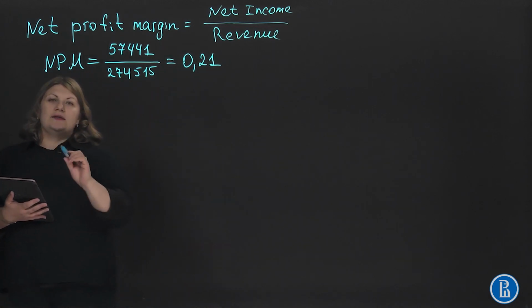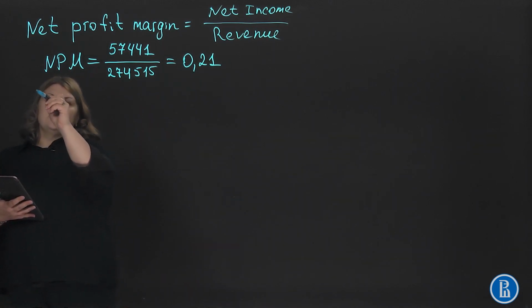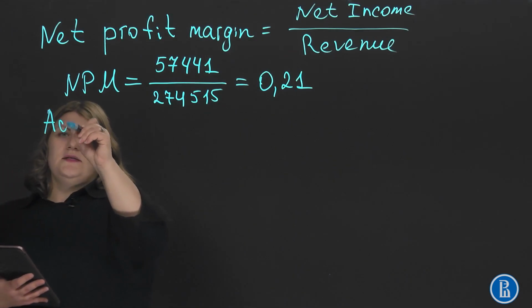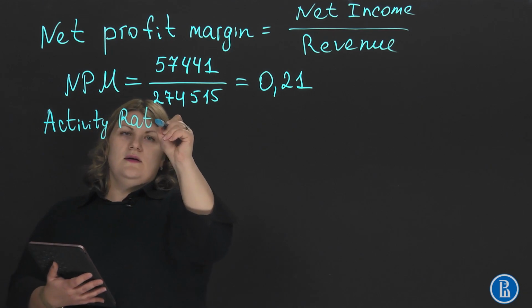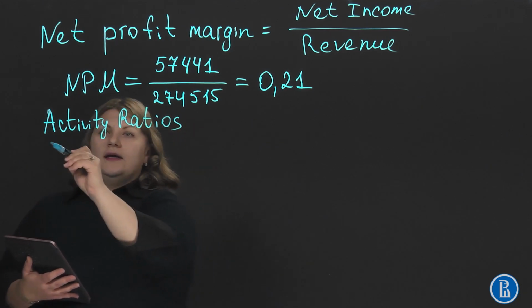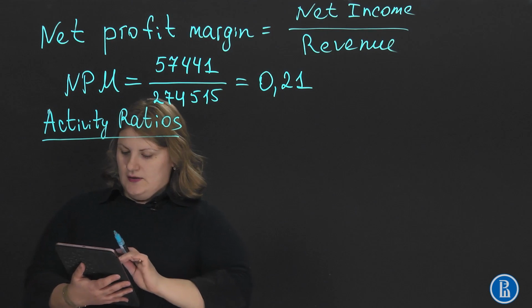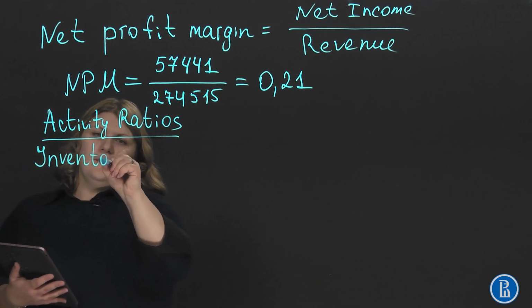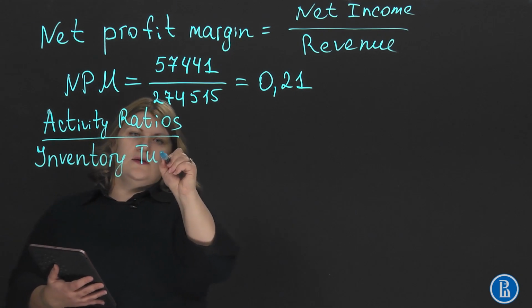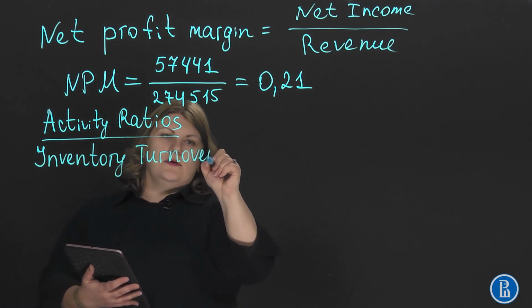Let's now look at some types of the ratios, which are activity ratios. And we will start here with inventory turnover.